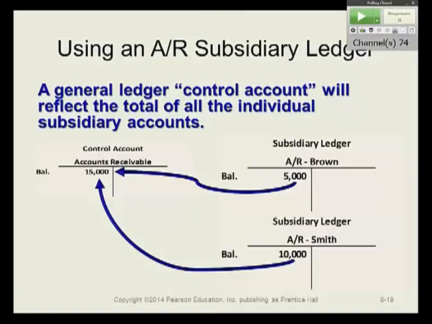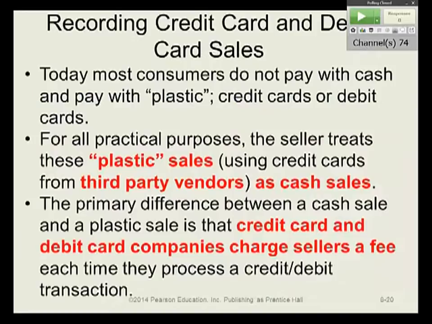But in a retail setting, if you go into a retail store, most transactions are either cash, or for the most part, third-party vendor credit cards and third-party vendor debit cards. And here's something you might find surprising if you haven't read the chapter yet, and that is that third-party vendor cards are treated like cash sales.